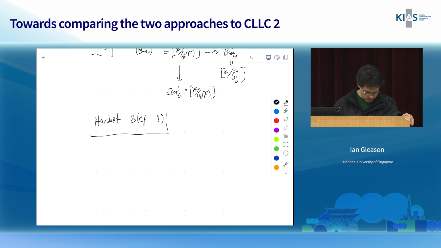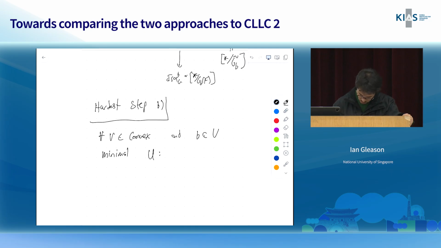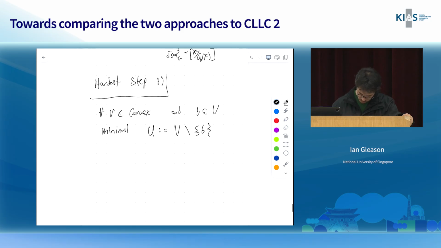So let me remind you, what do we have to show for every convex chi and B in B minimal? Then I can define U to be B minus the point.